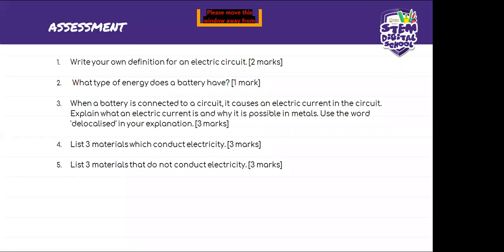They say when a battery is connected to a circuit, it causes an electric current in the circuit. Explain what an electric current is and why it is possible in metals. Use the word delocalize in your explanation.